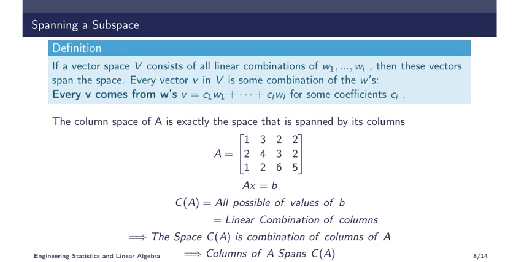So there are many elements W1 to WL in a vector space V. If any vector in V can be written as a linear combination of these, then we say W1 to WL spans the vector space.